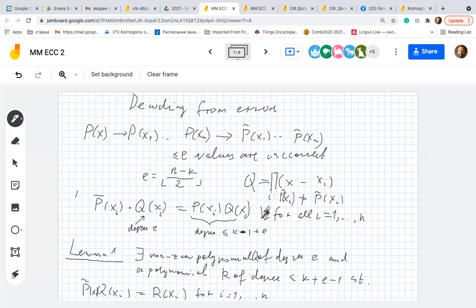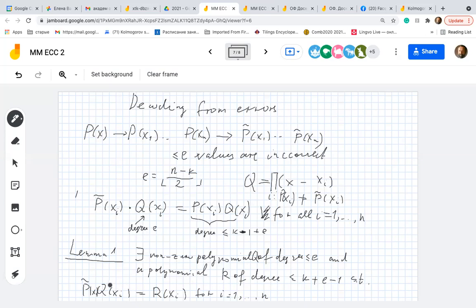To prove the lemma for that e, we can take our annihilator and multiply it. If the number of actual errors is strictly less than e, we can multiply q by any polynomial to make its degree as required. Or we can just say that the degree of q is at most e, then it's okay.